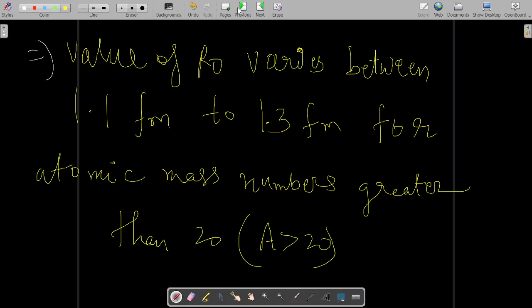So you can write like this, or if you want, you can write it like this also.